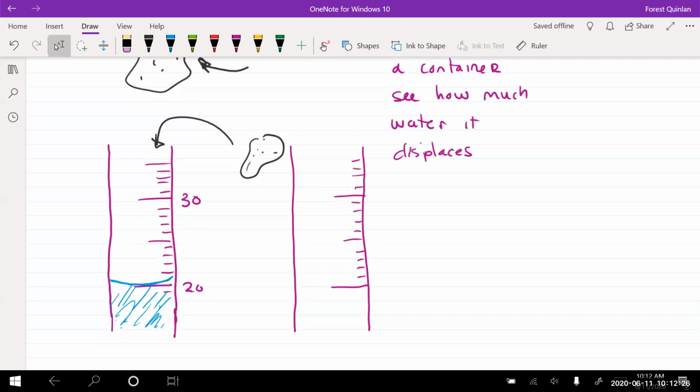Thank you. So let's say that I dump in my potato. My potato is down here in the water now. It keeps morphing its shape because it can. It's a mutant potato. Well, let's say that that water level now rises up like this.